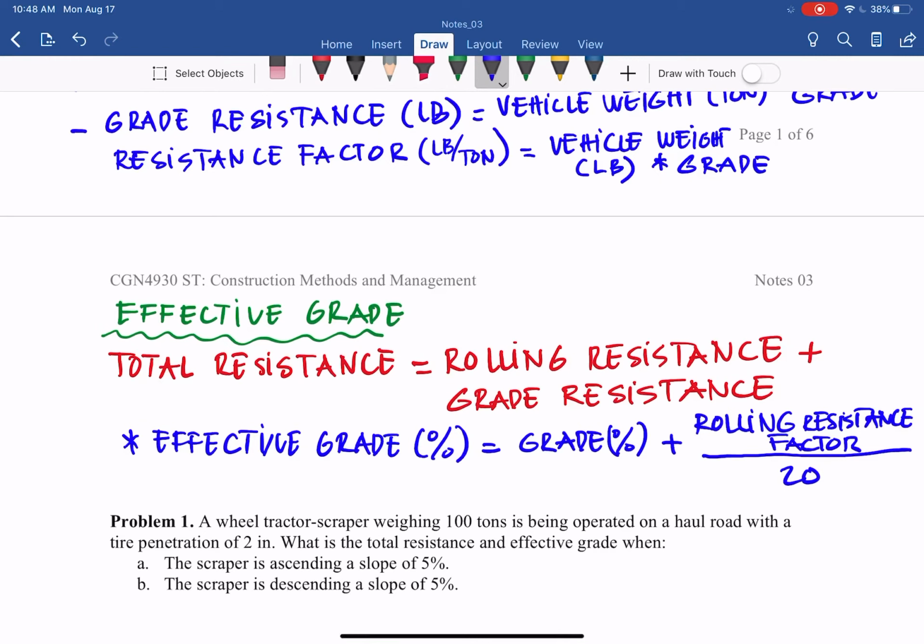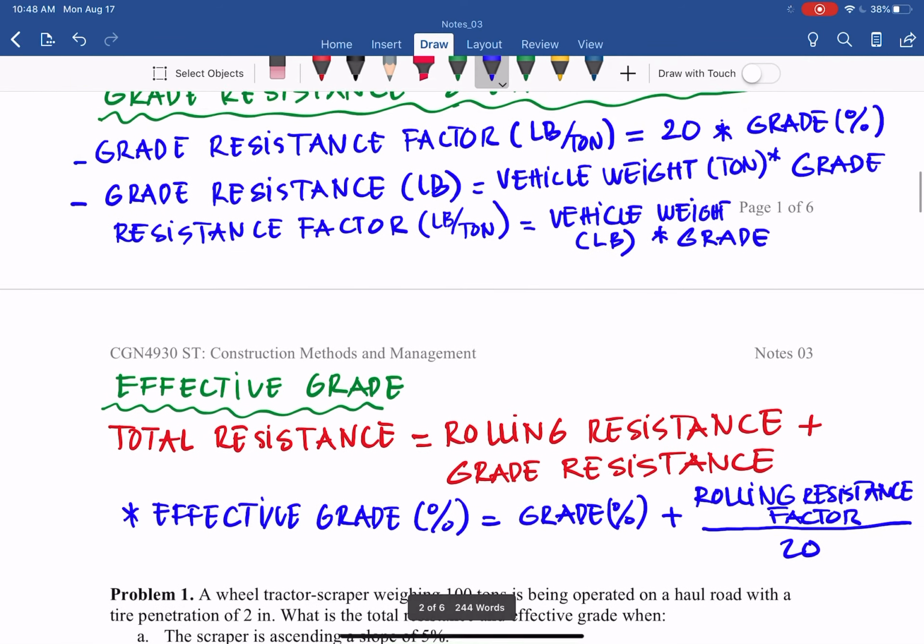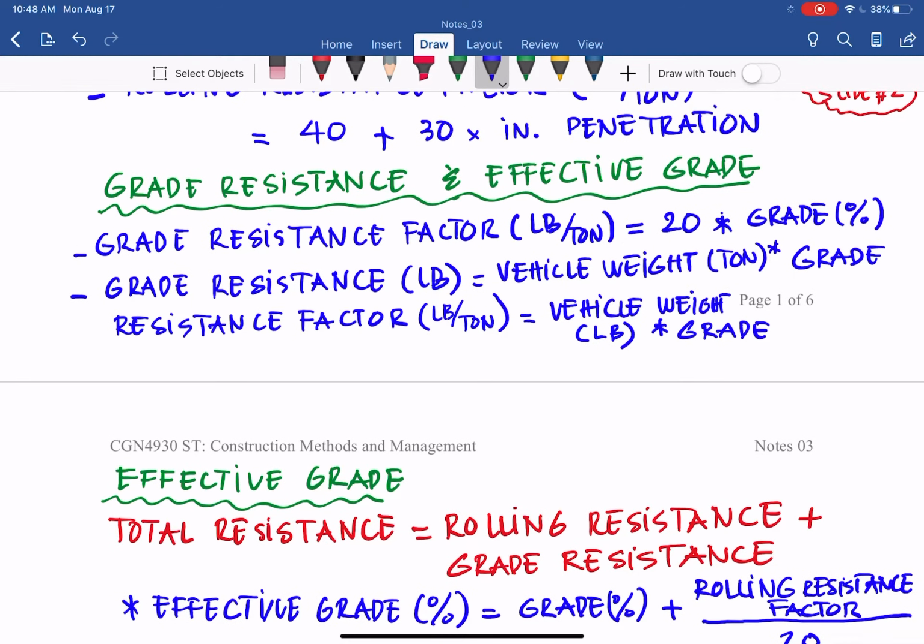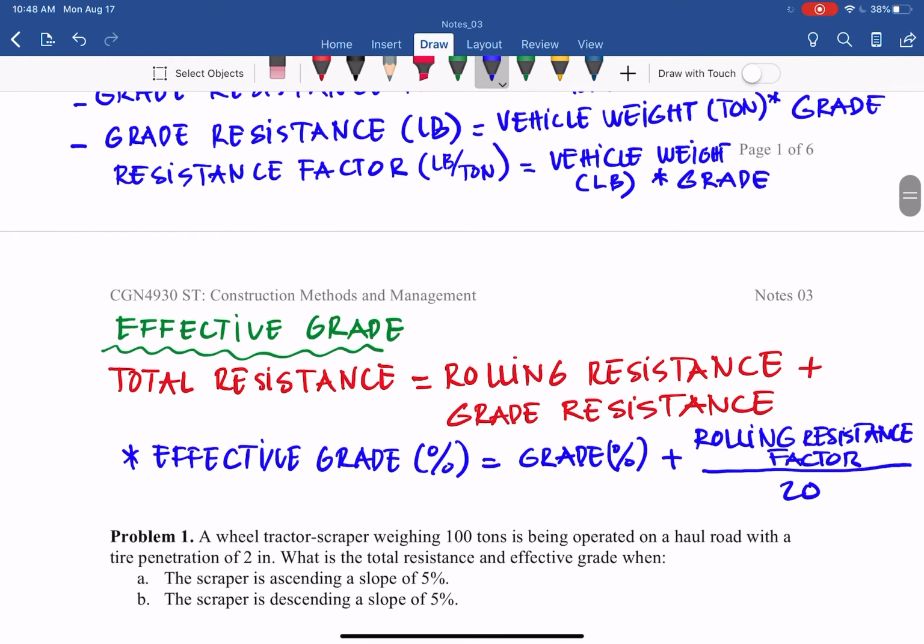Now, for the grade resistance, as you can see, if it goes up, then it is positive, and if it goes down, it will be negative, right? I just make a note here that for grade, if it goes up, it will be positive, so it goes uphill.